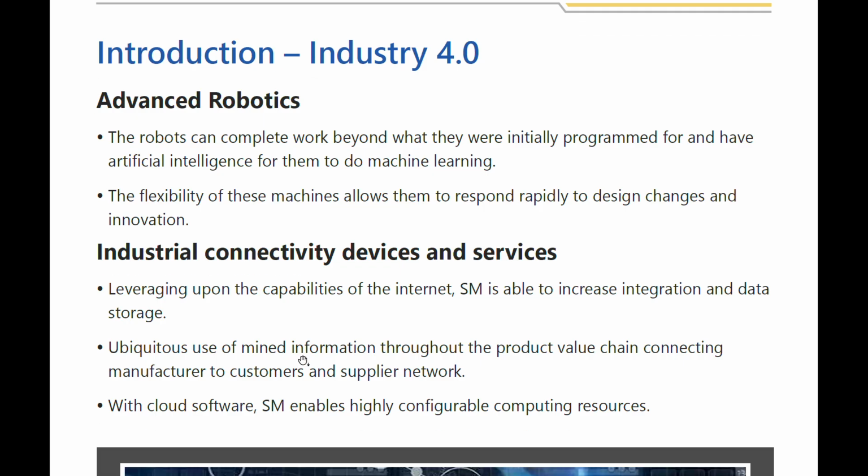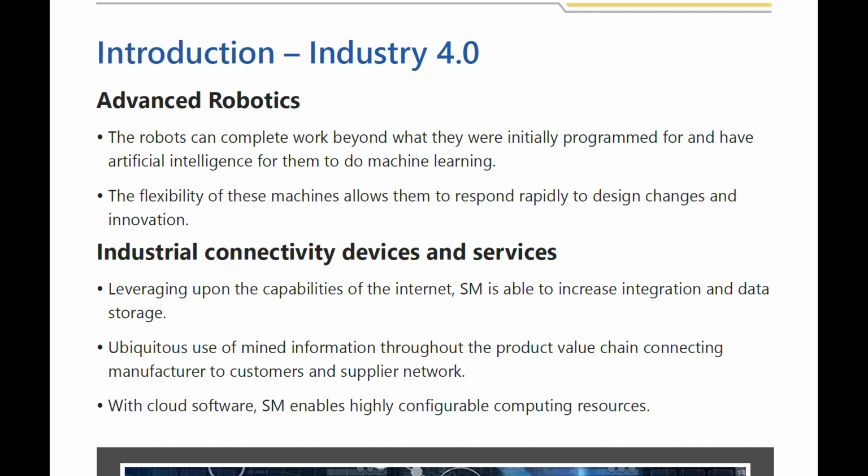Advanced robotics can also complete complicated work, initially programmed with what we have in terms of artificial intelligence, and have them do machine learning. The flexibility of these machines allows them to rapidly change design and innovation. Industrial connectivity of devices and services is also leveraging the capability of the internet.